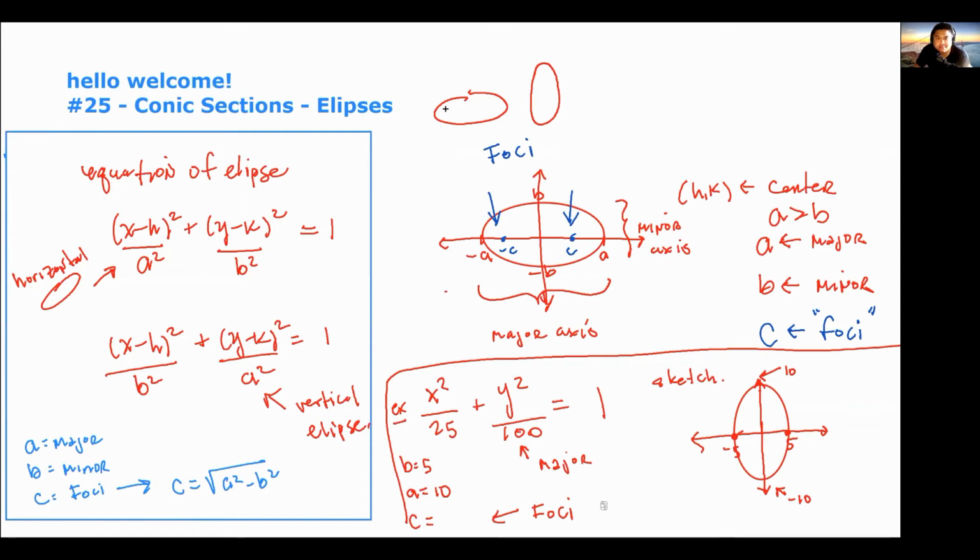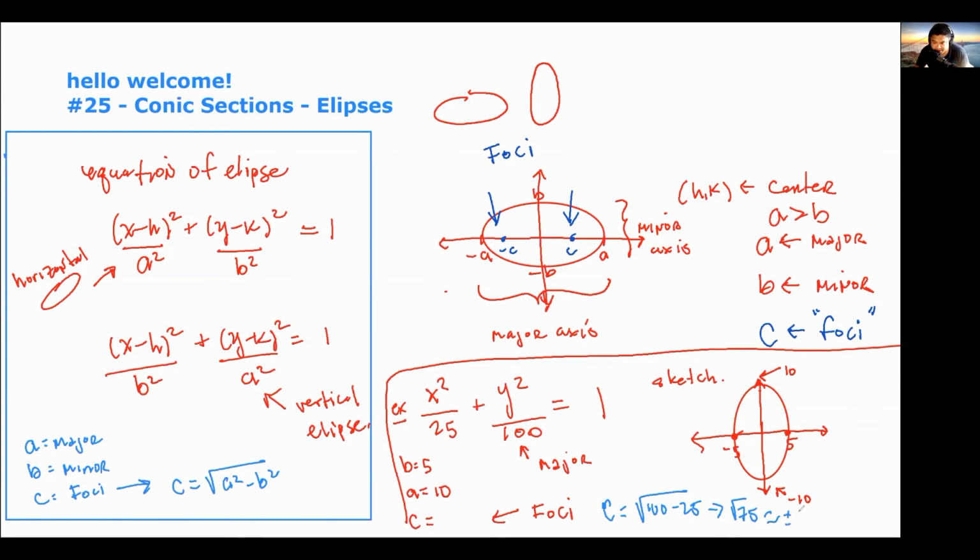C is equal to the square root of 100 minus 25, which gives us the square root of 75. Roughly, where's my calculator? 8.66.